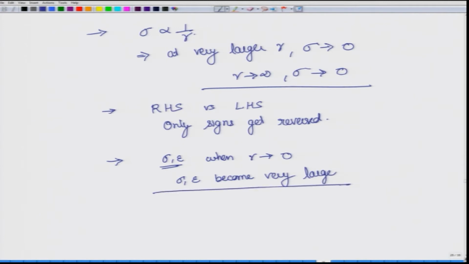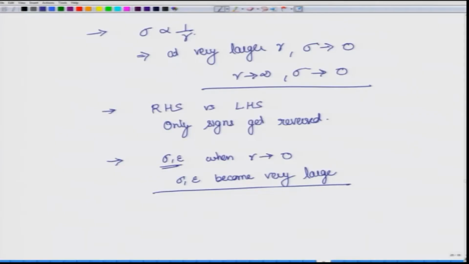Let me point out at this point that what this implies is that at some point our assumption that linear elasticity principles hold will become invalid. Therefore, there is a certain value of r below which these relations will not be valid. That is what this implies.